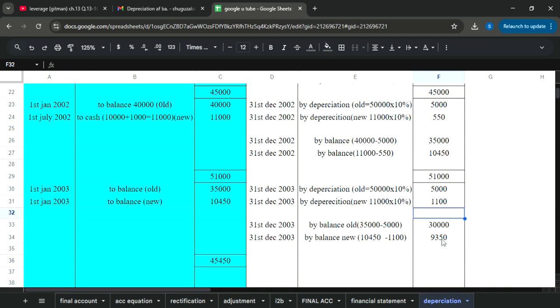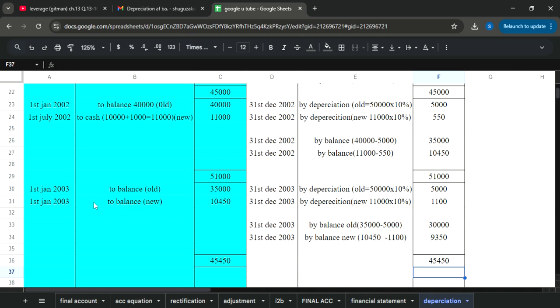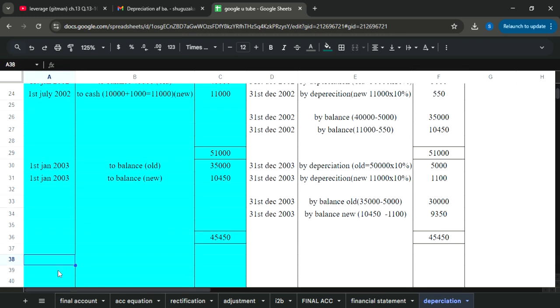In the similar way, you will write the total over here, which is 45,450. So guys, in this way, the fourth year is completed. Now we will proceed to our fifth and last year. Again, you will put the date 1st January 2004.